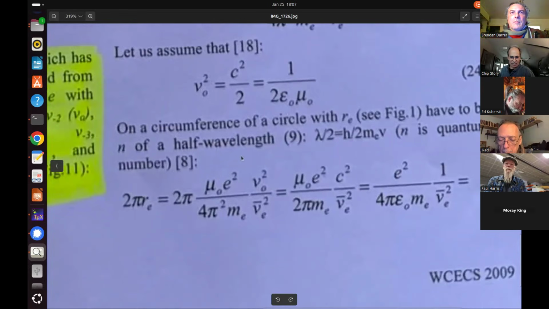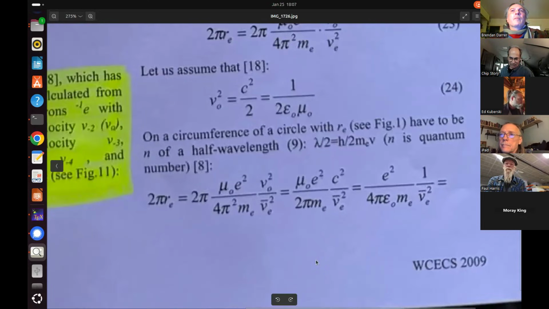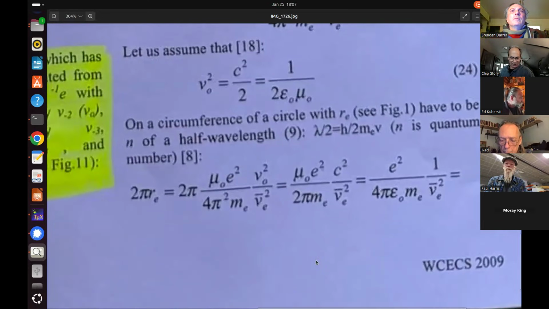N is a quantum number. And then we have almost a path integral here, describing in a polarized field 2 pi r sub b.